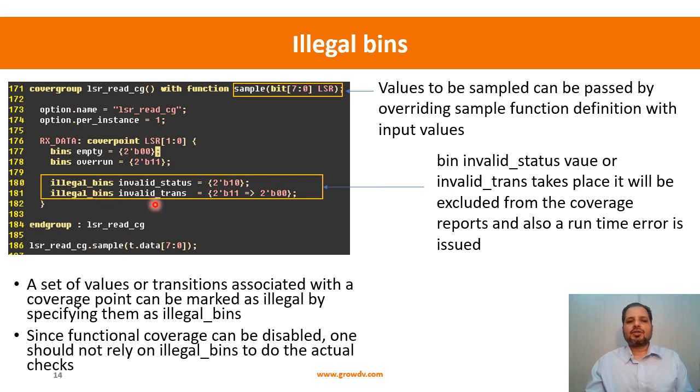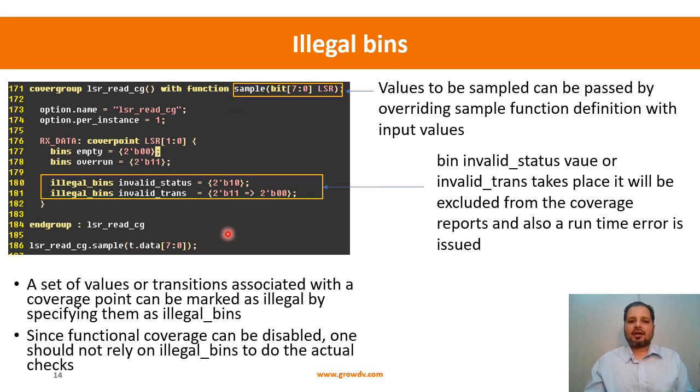With the illegal bins you can also define a transition. So we are defining one invalid transition from 11 to 00. On two successive sample function calls, if the value transitions from 2'b11 to 2'b00, then the simulator will again report a runtime error. Okay, so that's what will happen.